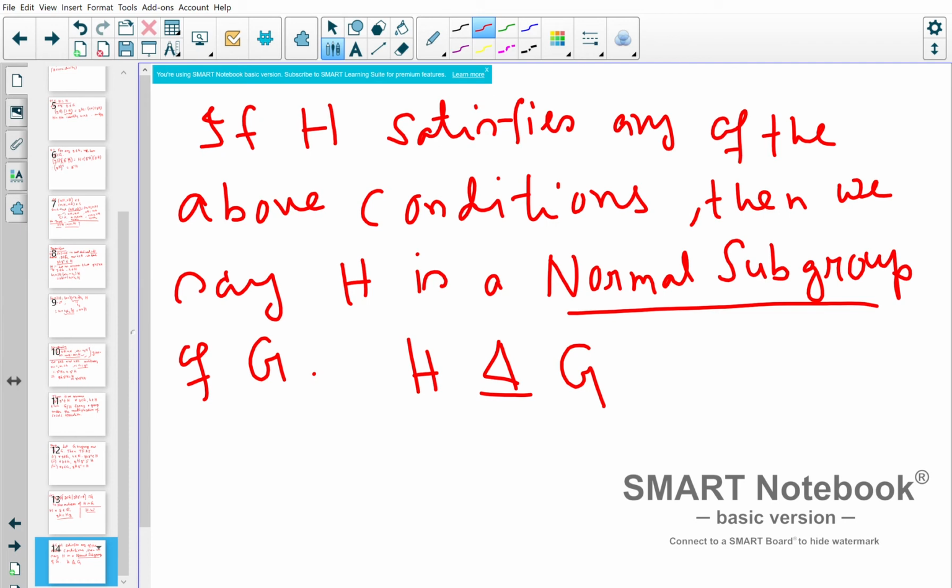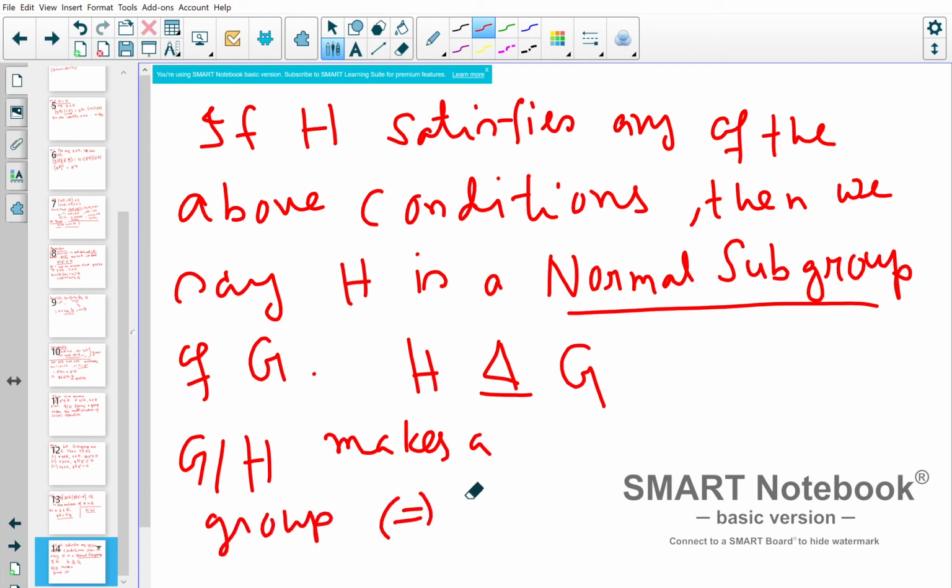Then we say that H is a normal subgroup, and in this case you can define G mod H, and the operation makes a group if and only if H is a normal subgroup of G. Otherwise, G mod H is a collection of left cosets, or you can say right cosets.